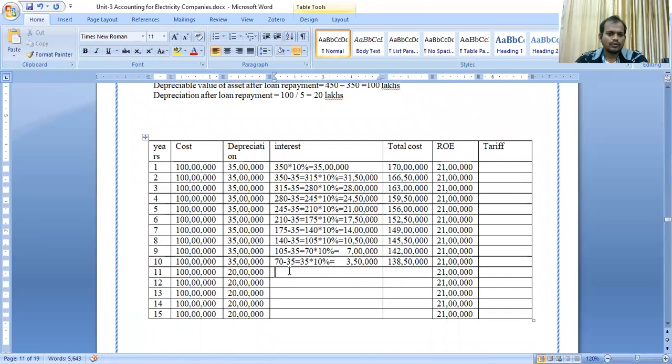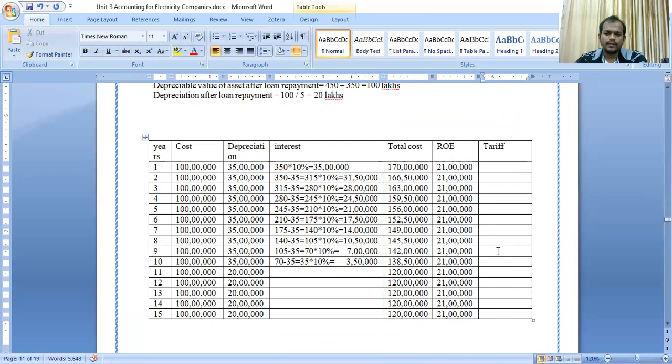Okay. So after 10th year, the total cost, we have only cost of electricity generation and depreciation. In the sense, we have 120 lakhs for the rest of life. So this is the total cost. So to this total cost, we have to add the return on equity.